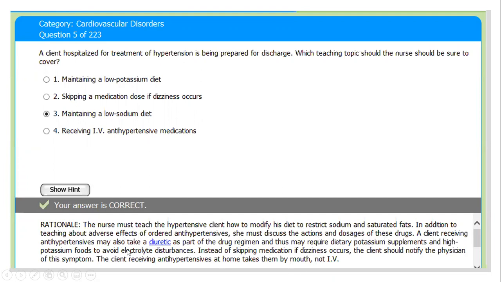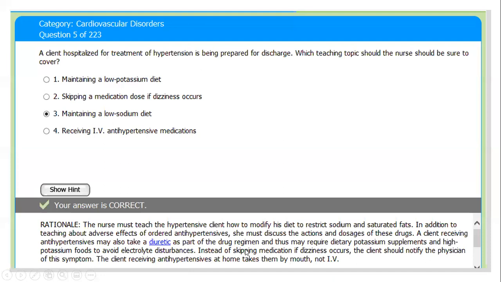A client receiving antihypertensives may also take a diuretic as part of the drug regimen and thus may require dietary potassium supplements and high potassium foods to avoid electrolyte disturbance.